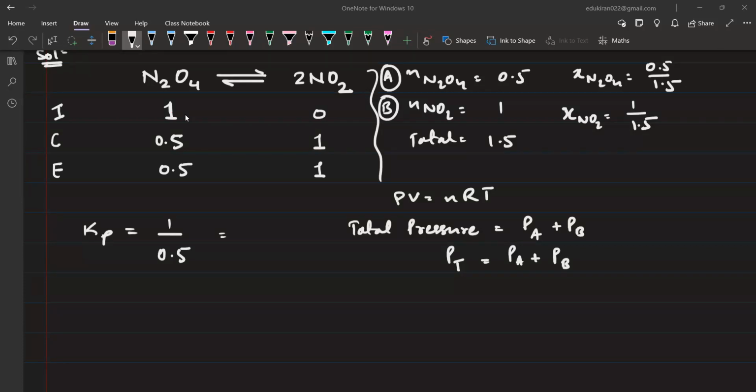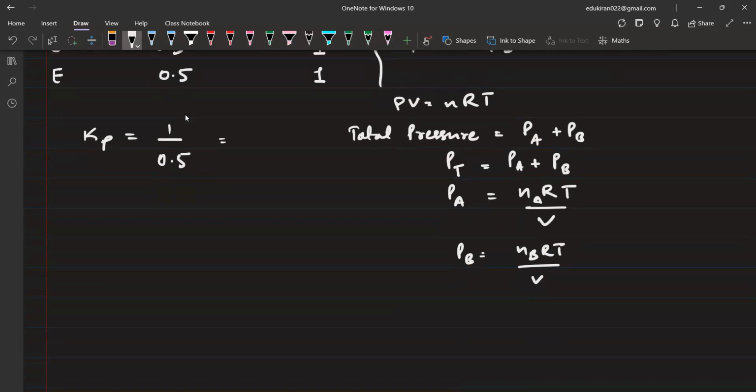Okay, the total pressure is the same equilibrium one, 1 atm, that we were taking. So PA will be equal to how much? PA is equal to number of moles of A times RT divided by volume. PB will be equal to number of moles of B RT upon volume.